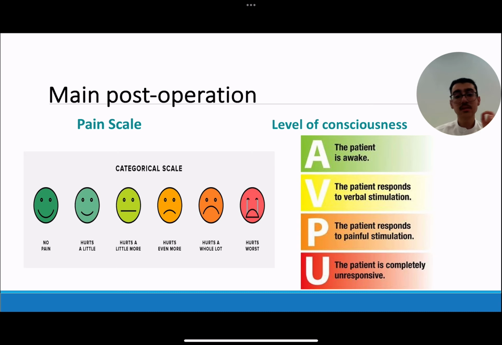P means the patient responds to painful stimulation, so he can feel pain. And this is the last level of consciousness. U means the patient is completely unresponsive, so he doesn't know what he's saying, he doesn't know where he is, he doesn't know anything at all.